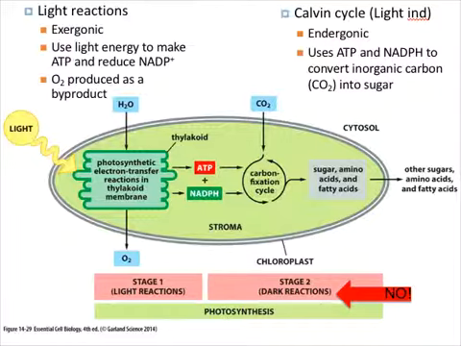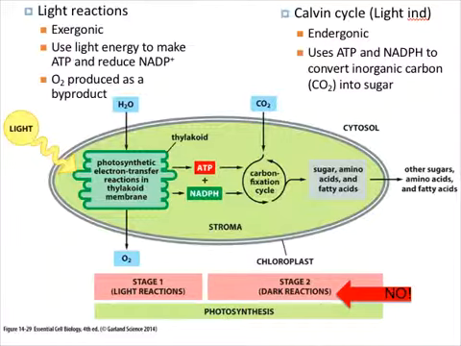So stage one, the light reactions, relies on light. Plants can only go through this first stage when light is available as a reactant. The quote unquote dark reactions were named that because they didn't require light.